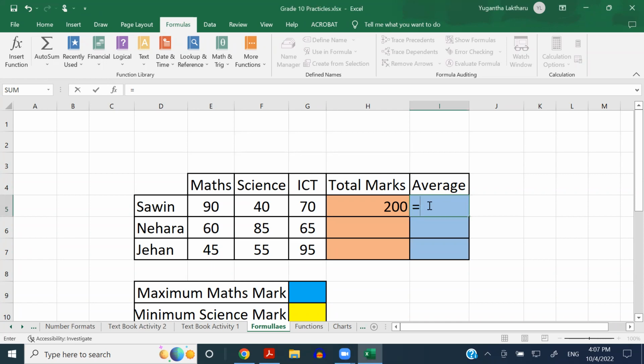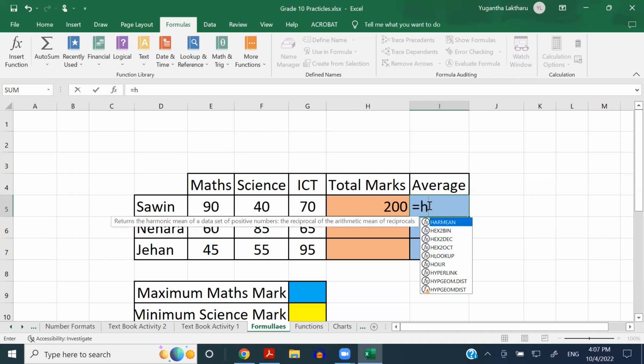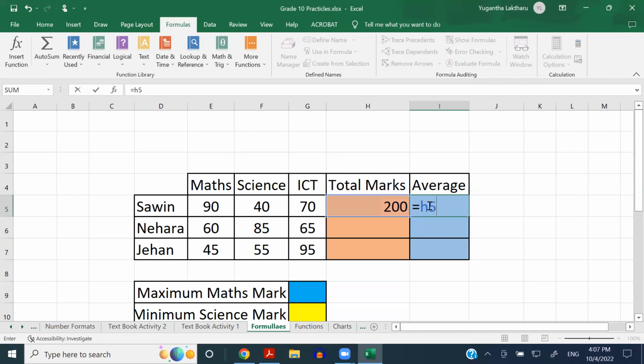So what you can write is equals H5, which contains 200, divided by 3, which gives you the average. And another way is like we can write equals what?